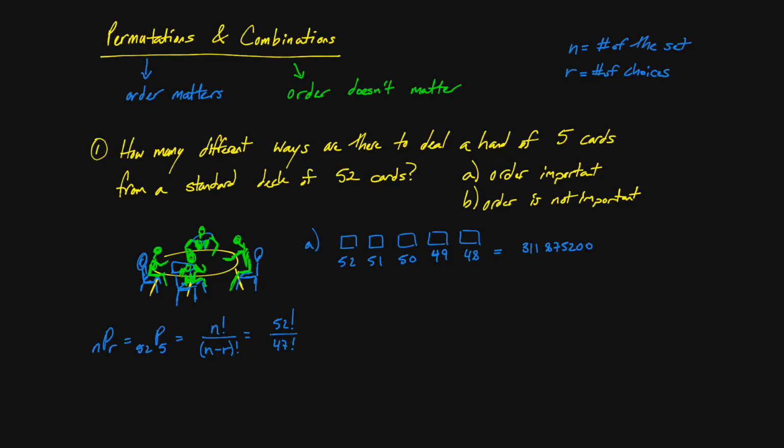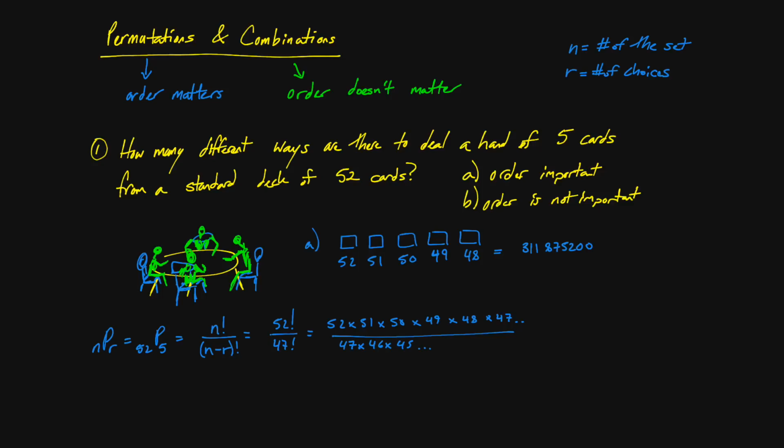Well, if you have that all listed out, I'm going to draw this out: 52 times 51 times 50 times 49 times 48 times 47. I'm going to stop there on purpose. Draw a line, and then we have 47 times 46 times 45, dot dot dot.